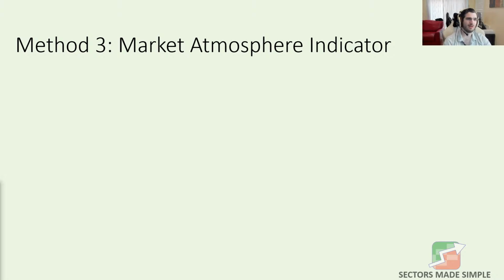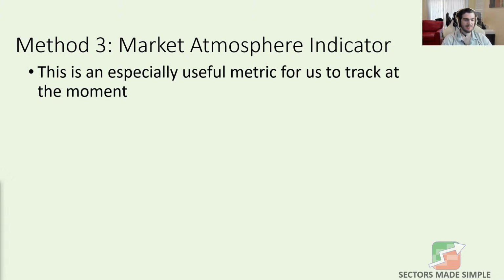So we can use relative strength as a market indicator. And with the current state of the stock market, this webinar, by the way, for context, was recorded on June 3rd of 2022. This market atmosphere is very useful to us right now.